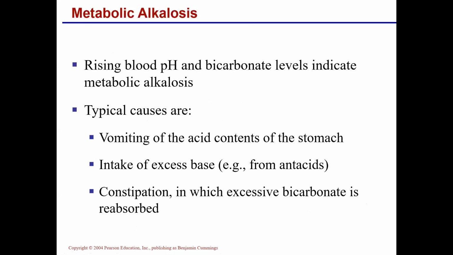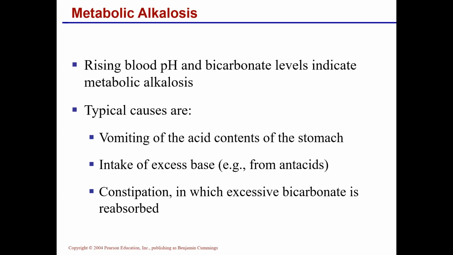Okay, metabolic alkalosis. We know our gastric juice is acidic. So if you're vomiting and getting rid of a lot of acid-containing gastric juice, then it can cause blood alkalosis. This is metabolic alkalosis.